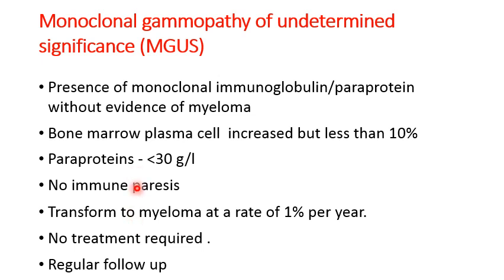So there's only slight elevation of bone marrow plasma cells with no organ involvement, no hypercalcemia, no anemia, no bone lesions, and not much elevation of paraproteinemia. Then you call it MGUS.